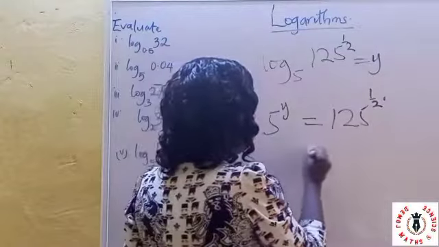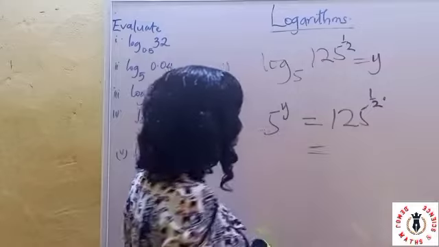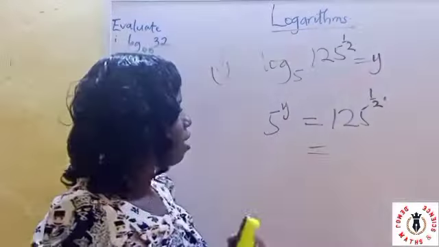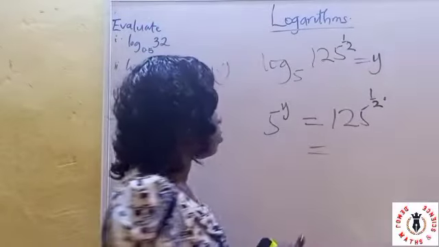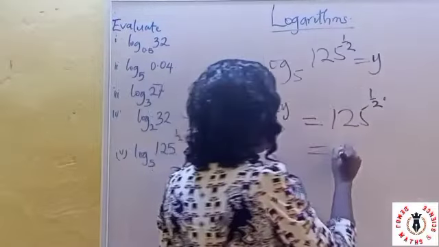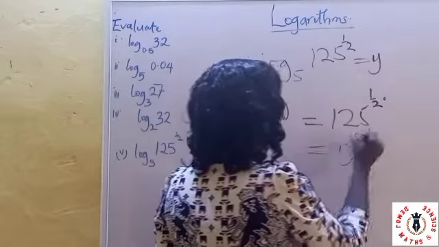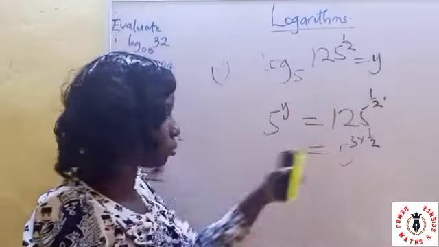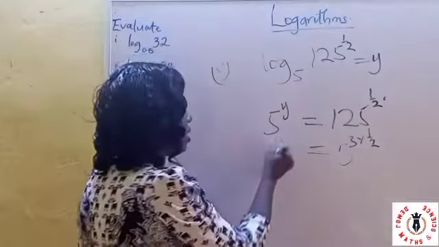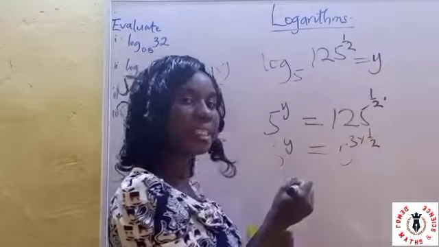Very well. Now if we use base 5, we know that 125 is 5 multiplied in 3 places, which is 5 raised to the power 3. So 5 raised to the power of 3 times 1 over 2 is the same thing as 5 to the y. So we can equate our bases and then equate the index.